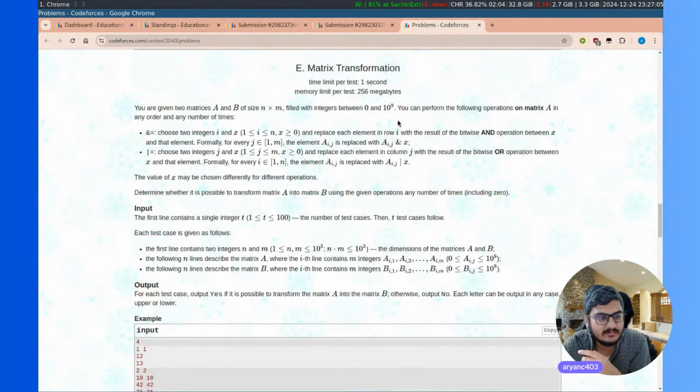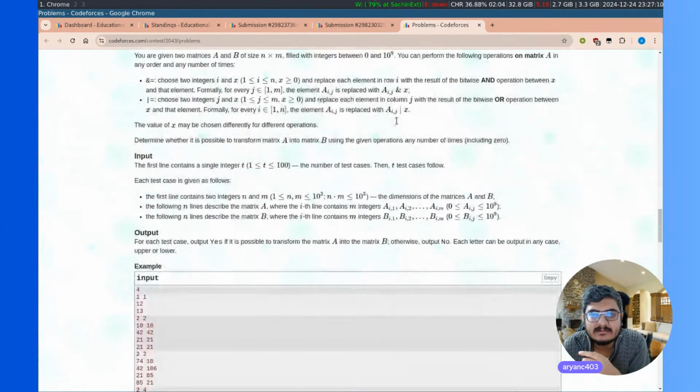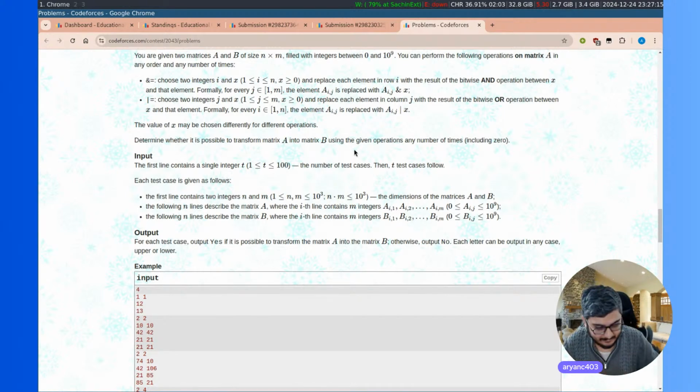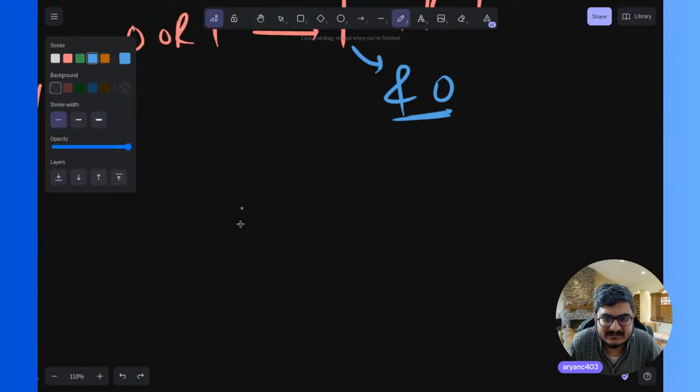I think I will also move to problem F. Like n multiplied by m is up to 10e3. So here the time complexity is n plus m multiplied by n multiplied by m.